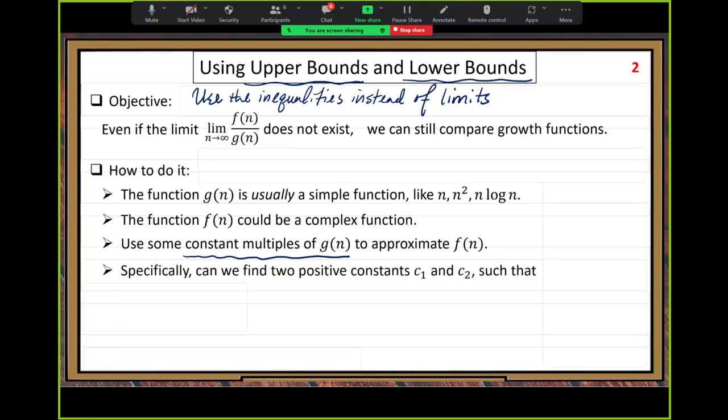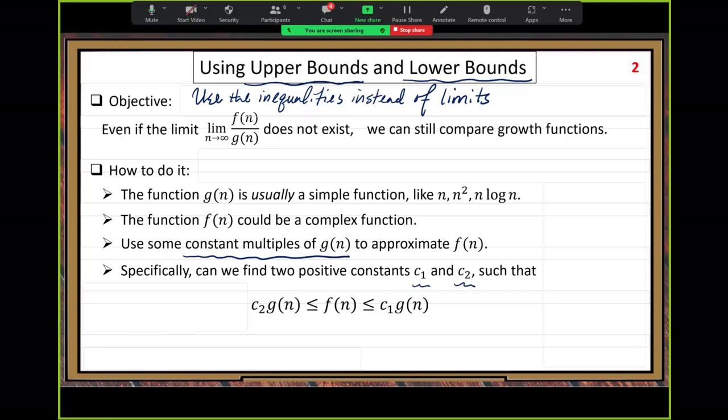Specifically, can we find 2 positive constants c1 and c2 such that the f function is between 2 constant multiples of g: the lower bound c2 g of n and the upper bound c1 g of n? That's the method we will use to compare the order of growth of these 2 functions.